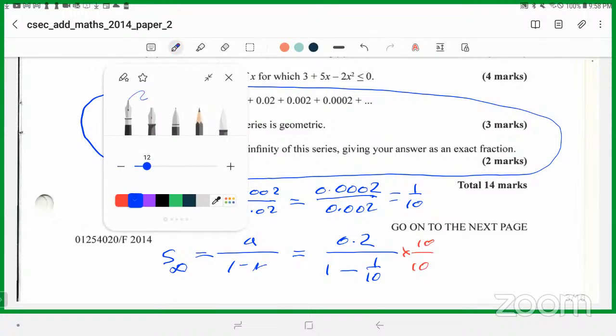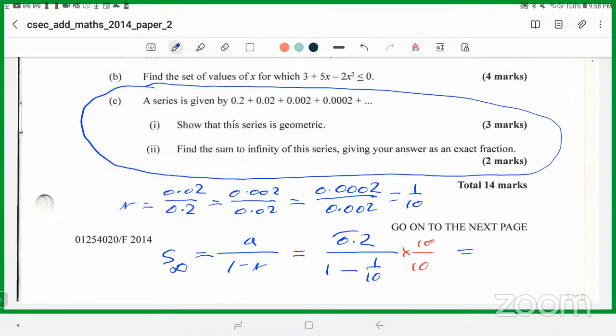When I multiply the numerator by 10, I get 2, and when I multiply the denominator by 10, it becomes 10 minus 1, which is 9. So the answer as an exact fraction is 2 over 9.